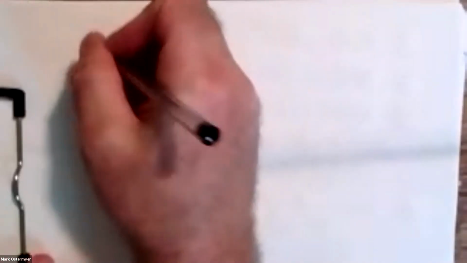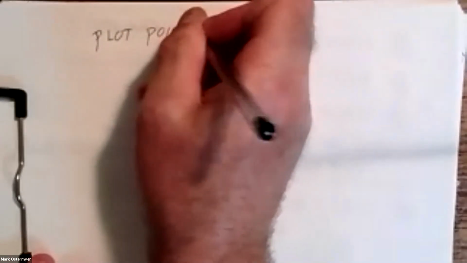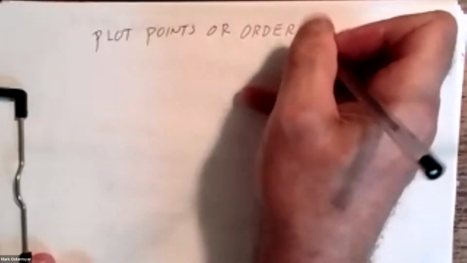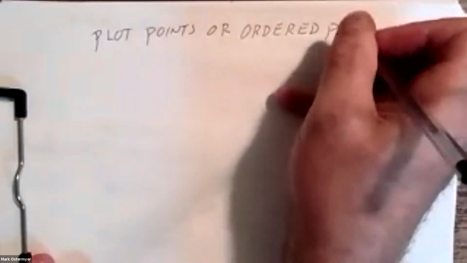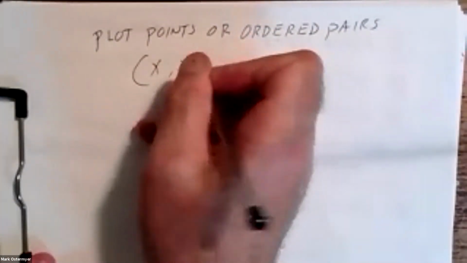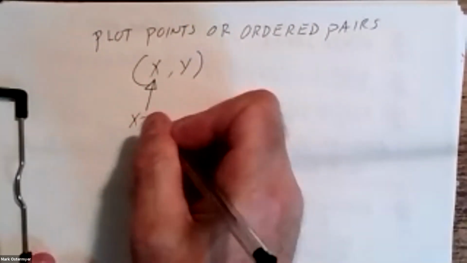So what are we going to do in the xy plane? Well, first of all, ladies and gentlemen, the first thing we need to understand how to do is plot what are called points, or we need to know how to plot what are called ordered pairs. Ordered pairs in general look like this, where the first entry of our ordered pair is called the x coordinate.